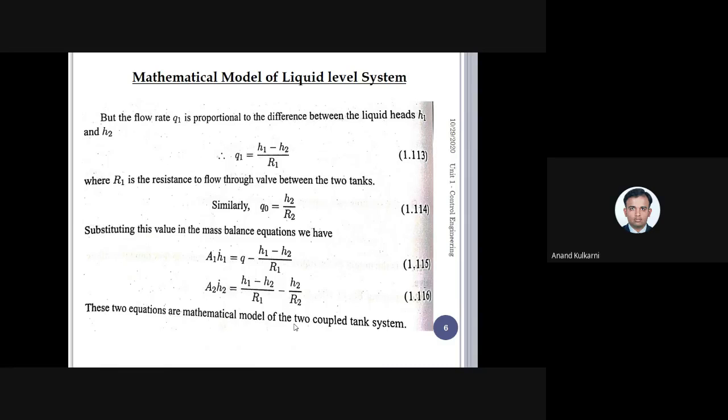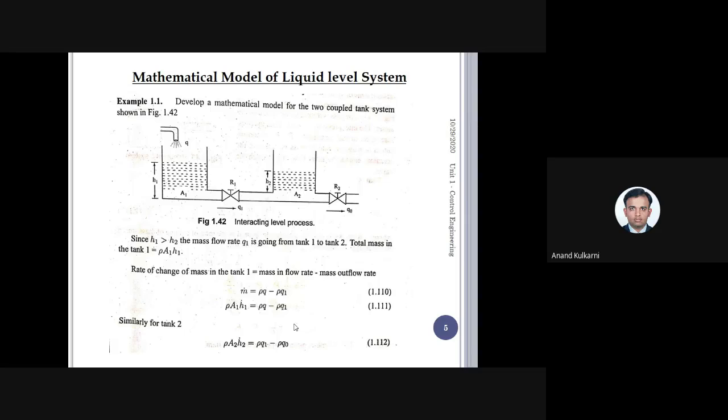Okay, I'll just repeat it once again. What is the condition here? We have two tanks which are interconnected by a wall. There is one inlet pipe from where discharge q is coming, connected to a tank whose area is A1, and the height of the liquid in it is H1. So the mass is equal to rho into A1 into H1.